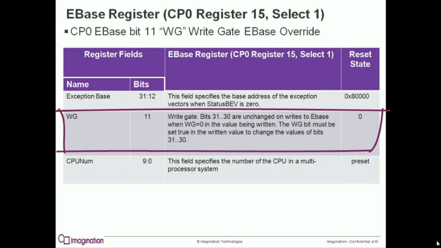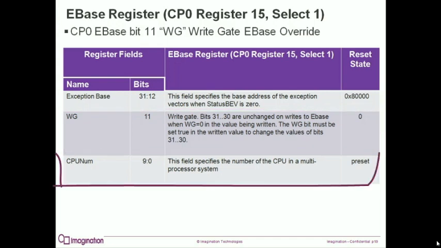This forces the exception base into the CFG2 and CFG3 segments, which correspond to the old KSEG0 and KSEG1 legacy segments. If WG equals 1 in the written value, then bits 31 and 30 are overwritten. The CPUNum field is the CPU number of the processor executing the read of this register.